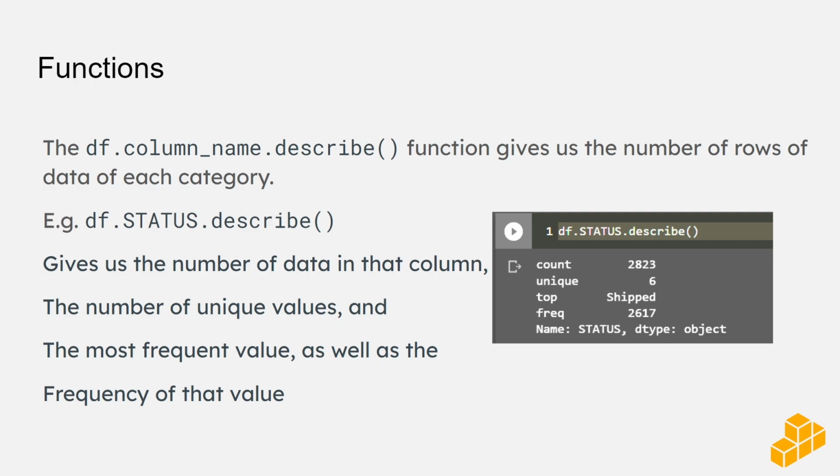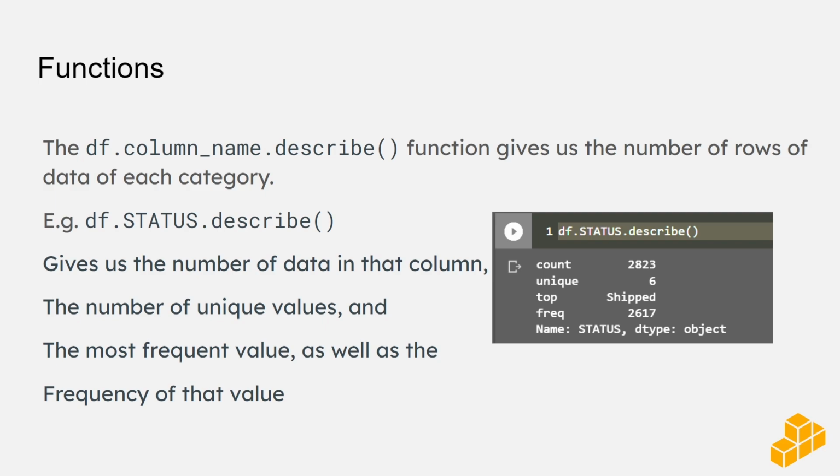For example, in this case, my data set has 2,823 entries, and the number of unique values in that column. Unique values are those that are different from the majority. If the majority is Shipped, and then there are 6 values like maybe Cancelled or something else, they are different from the rest.